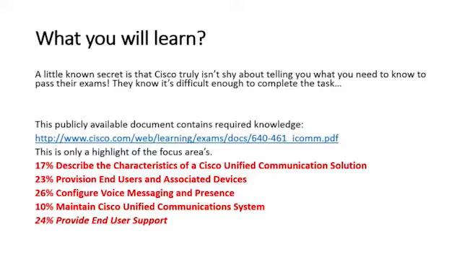So here's the thing. With all my courses, I always design my objectives around the course and the lesson plan very, very closely to the required learning from the actual course and test. The CCNA Voice exam number is 640-461. It's called ICOM, Introducing Cisco Unified Communications.